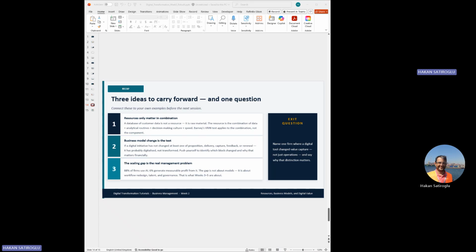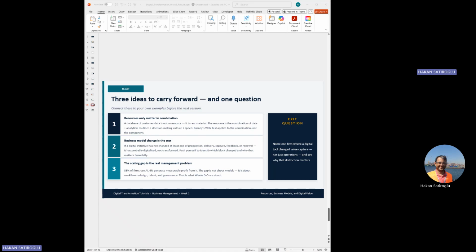These elements are going to bring us to Barney's VRIN test or VRIN theory. When you are using those data, if you are not able to make VRIN elements at all, then you are not going to make anything. So resources only matter in combination.